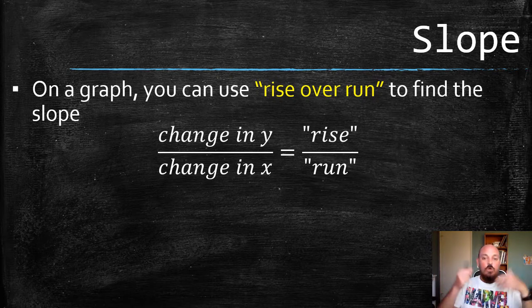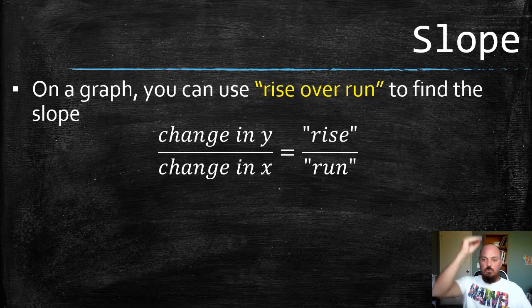We said slope is change in y over change in x, and change in y, remember when you're talking about the y value of a point, you're talking about how far you go up or down. So change in y means if I'm going from one point to another point on a graph, how far did I go straight up or down? That's what we call rise. Change in x is how far I go left or right. That's what we call run.